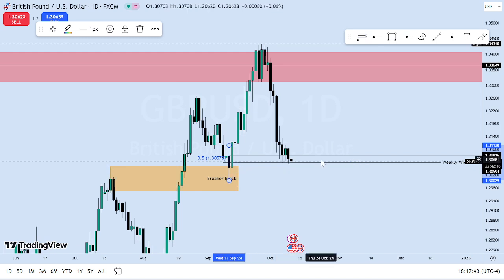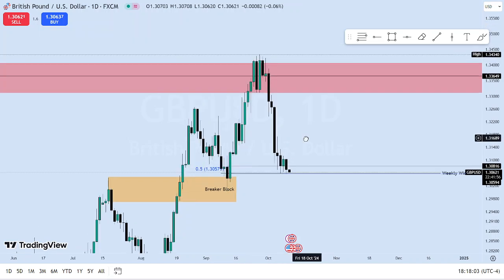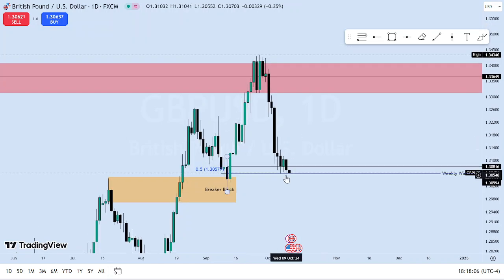Same with the weekly week 50%. That's where we traded with the week. The half of it, that's the whole candle. You measure it, the half of it, that's the half of order block, mean threshold. That's the middle of this order block, the 50% of it. So that's why we traded with the week.